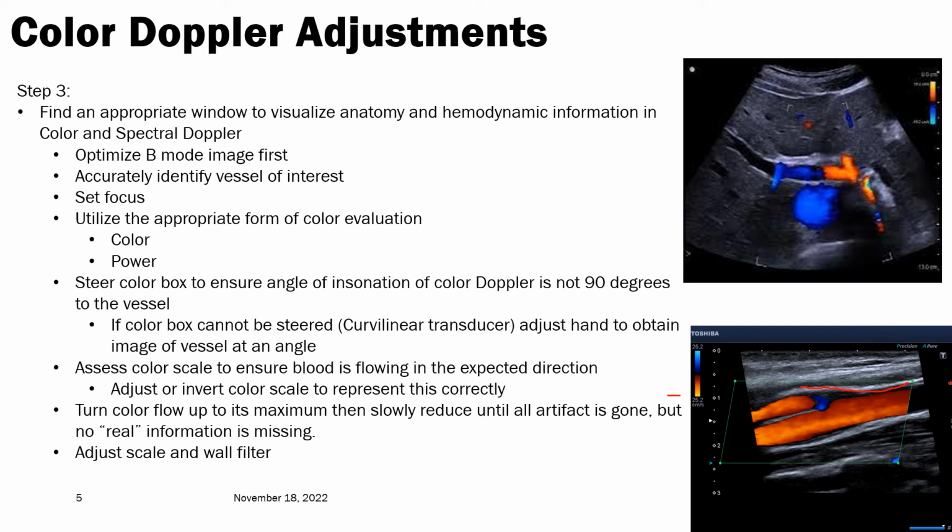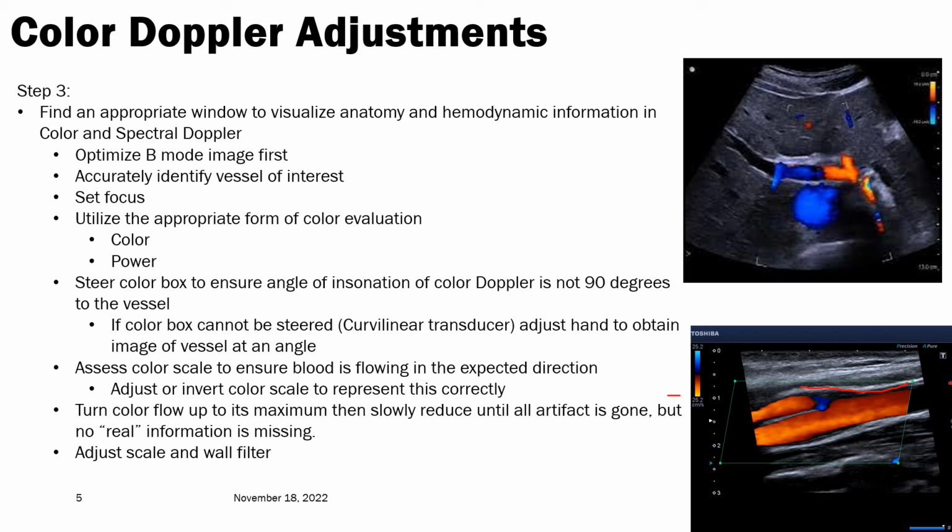Because Doppler, especially color Doppler, detects anything that is motion at all, and we know especially in our arterial system we're going to have pulsatility, not just in the blood flow but in the vessel wall itself, it will actually apply color flow to the vessel wall. And so the amazing manufacturers have developed systems to help reduce that, and those are called wall filters. So if I'm getting a lot of flashing of color in my wall, then I could increase my wall filter, which should help eliminate that.